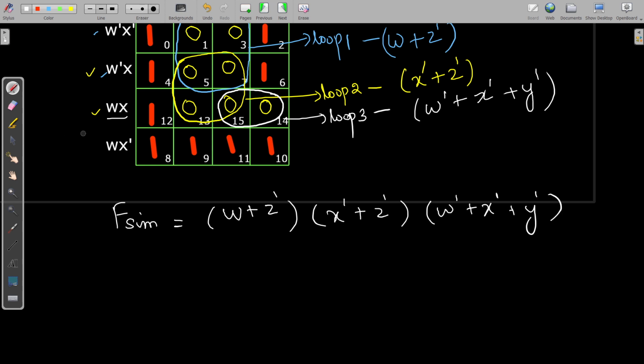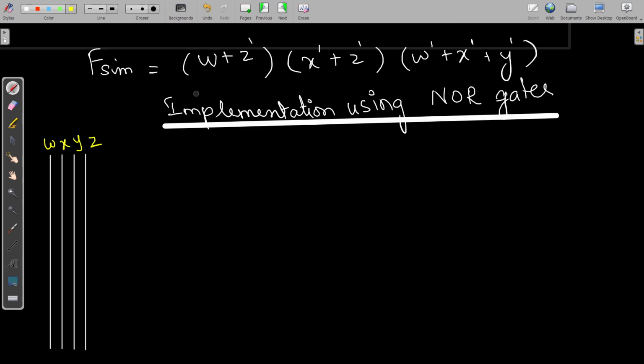So now we can implement this using two-level NOR gates. As we have four variables w, x, y, z, we draw four lines, and these are the input lines from which we have to take the connection for the implementation of this logic diagram using NOR gates.